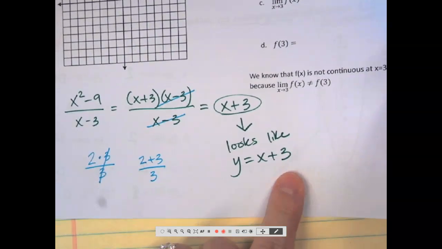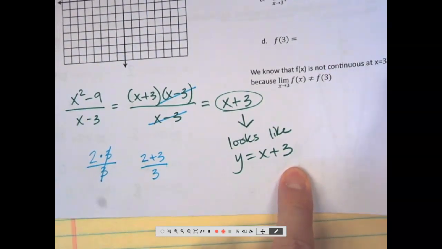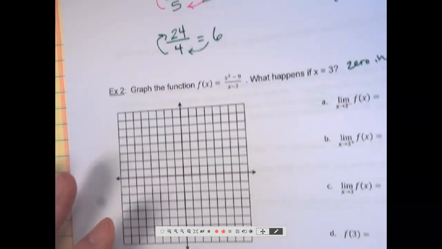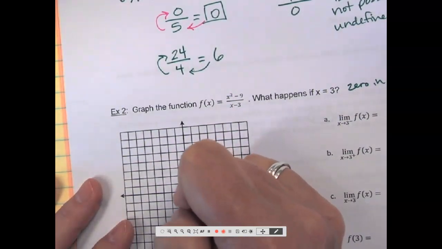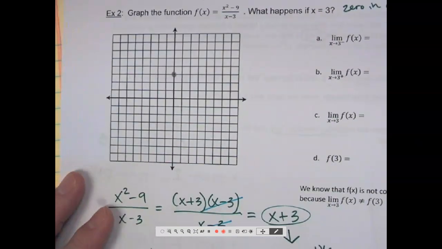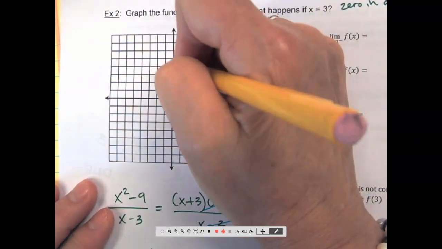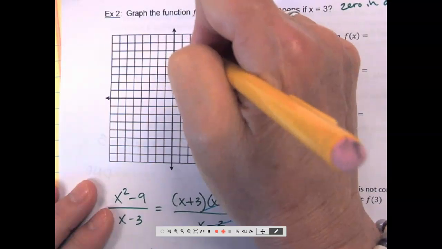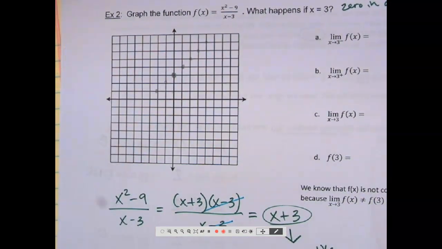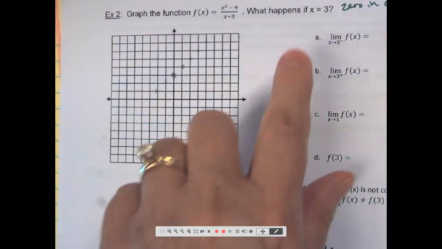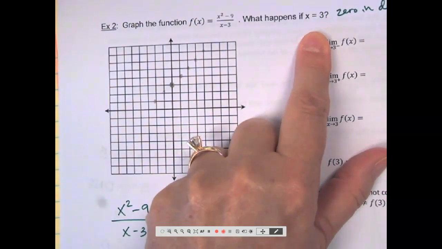All right, let's graph this and look. Crosses the y-axis at positive 3. I'm going to use a pencil first. Y-intercept at 3. The slope is 1. Rise 1, run 1. So that's going to be my diagonal line. But I cannot use 3.